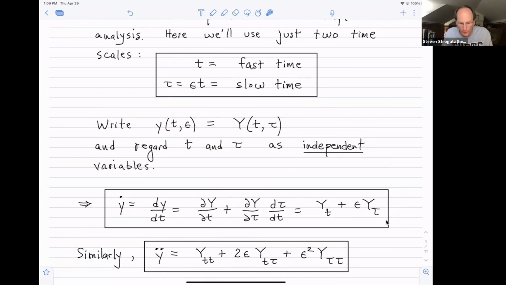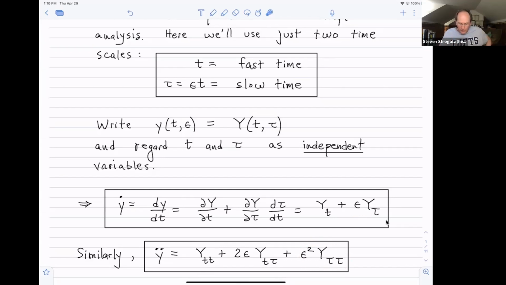So we'll be getting dual use out of our subscripts today. Anyway, so we have y_tt. Then there's another term, which is this mixed derivative, y_t tau, that gets a 2 epsilon in front of it when we do this operator twice. And then we get an epsilon squared term coming from doing this operation twice.